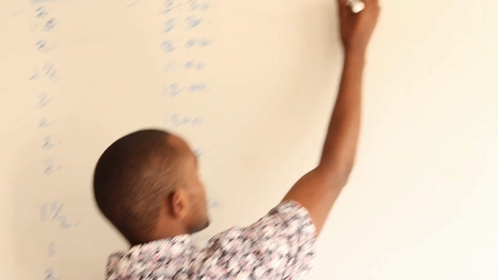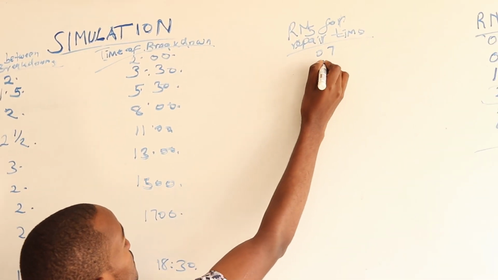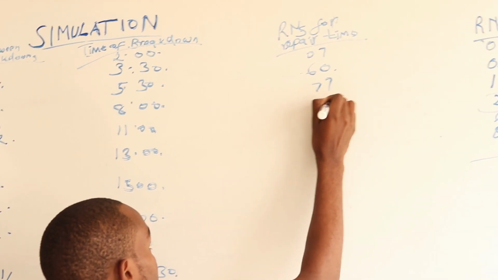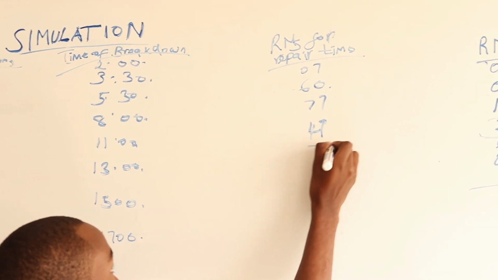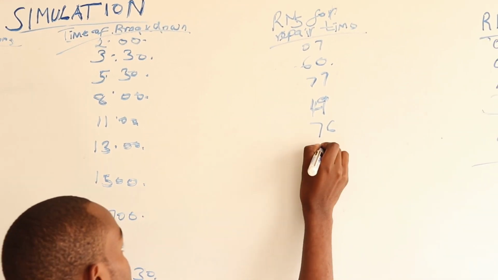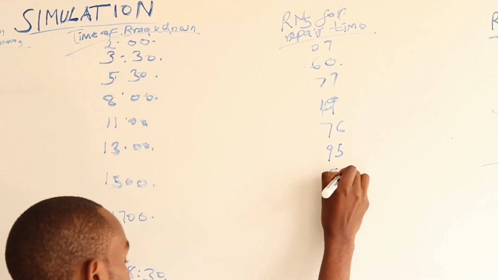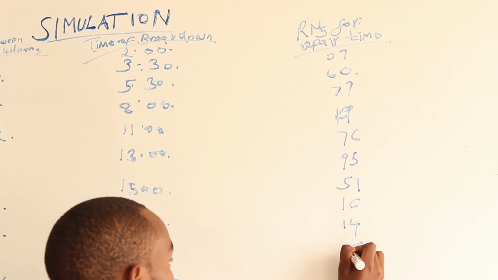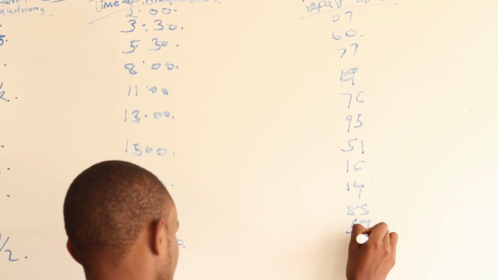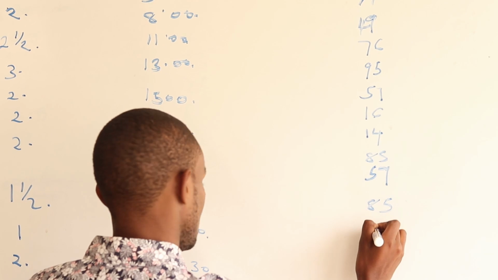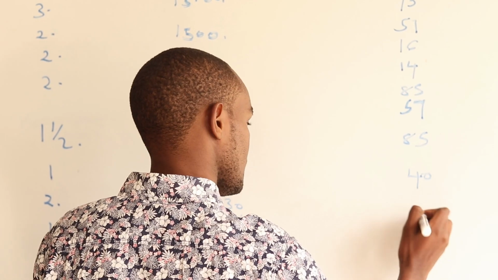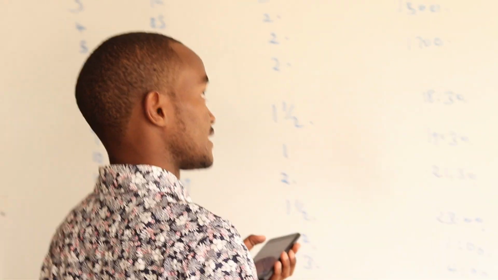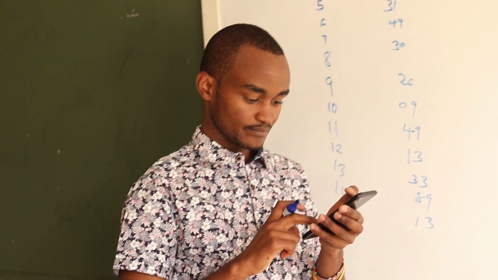So we have 07, 60, we also have 77, 49, 76, 95, 51, 16, 14, 85, 59, 85, 40, 42, and 52. So those are the random numbers that you've been given for the repair time.